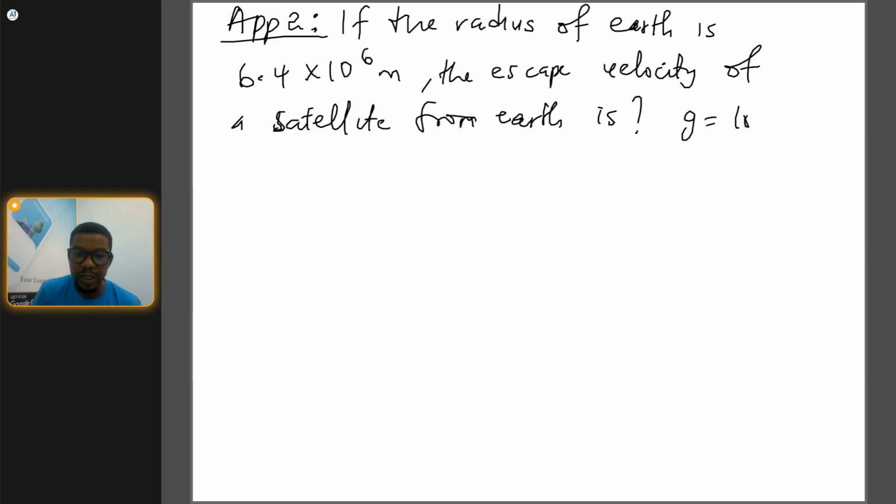Take g equals 10 meter per second square.